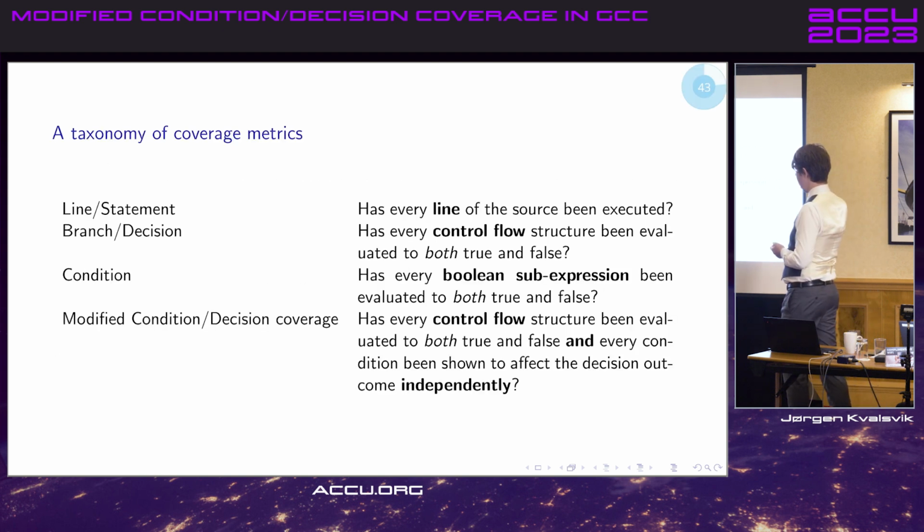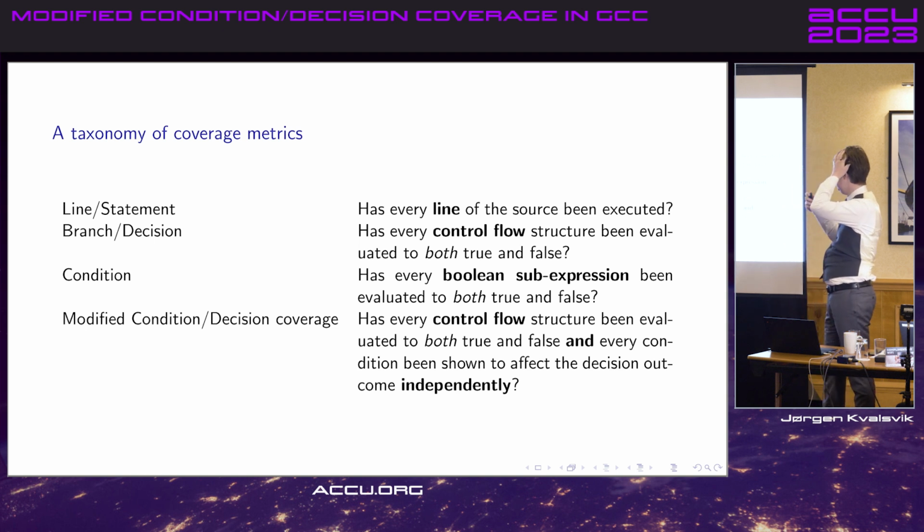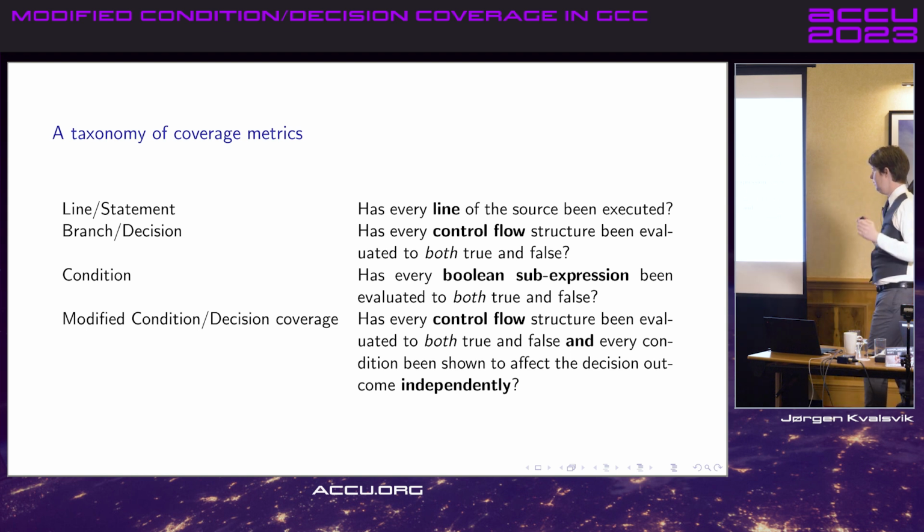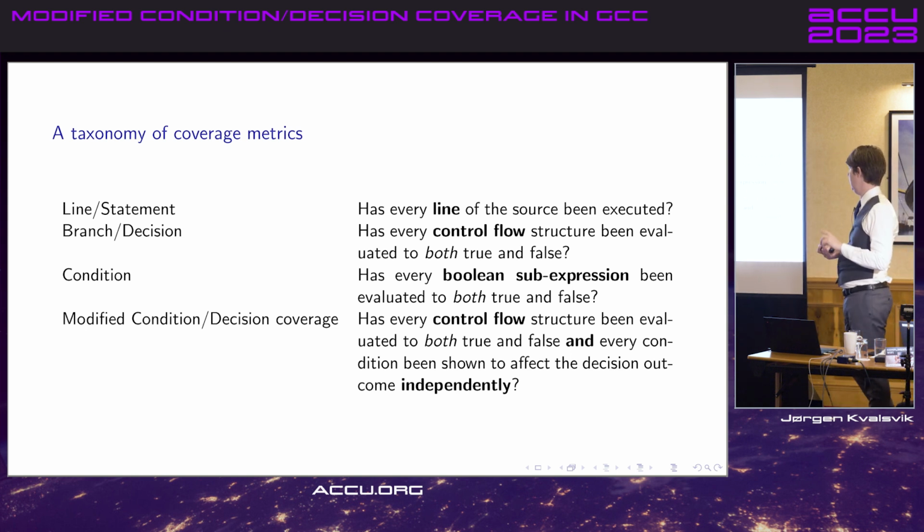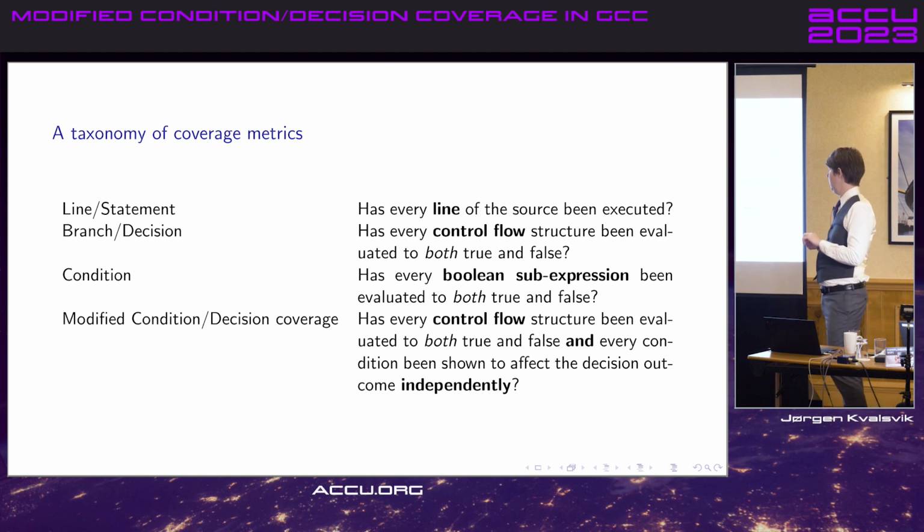Okay, so we're extending this table, this taxonomy of metrics to include MCDC. In order to satisfy it, you need to check that every control flow structure has been evaluated to both true and false, and verified that every condition has been shown to independently affect the decision outcome.